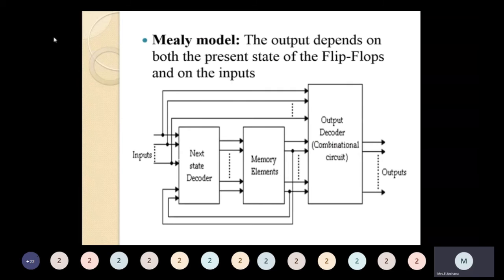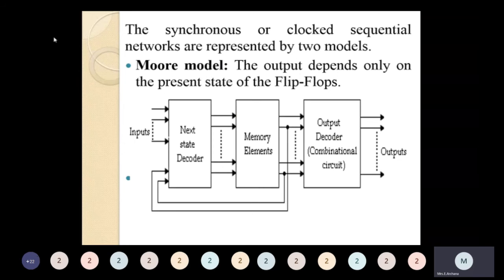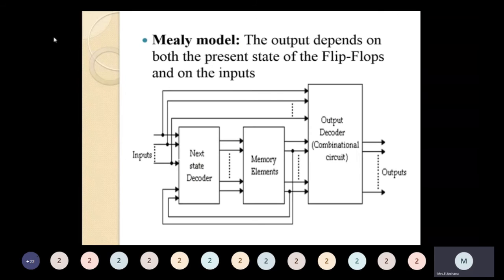See in this diagram, here the output depends only on the values coming out from the memory elements. So it depends only on the present state of the flip-flop. That is called the Moore model.